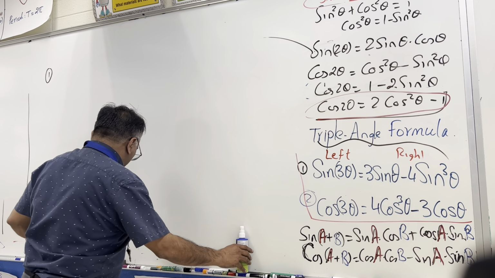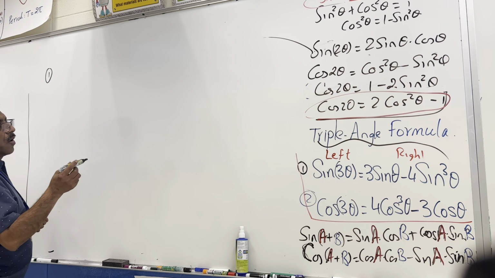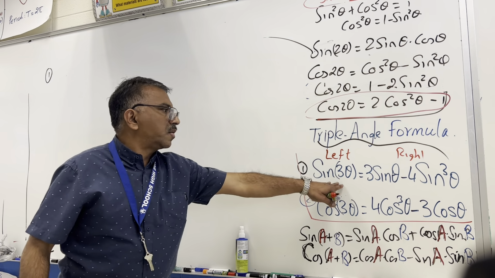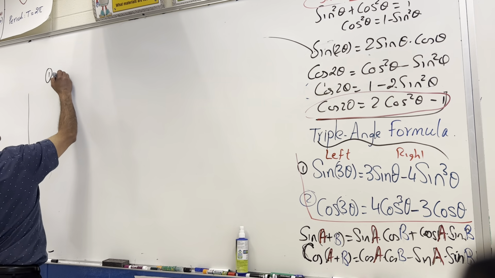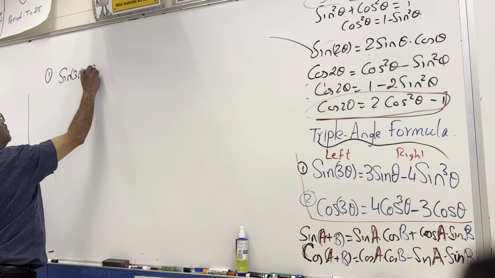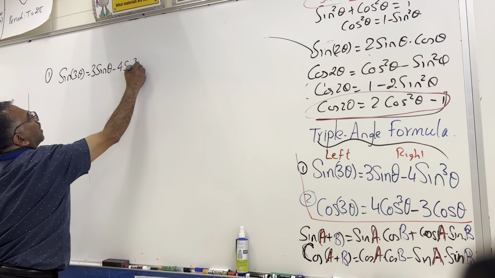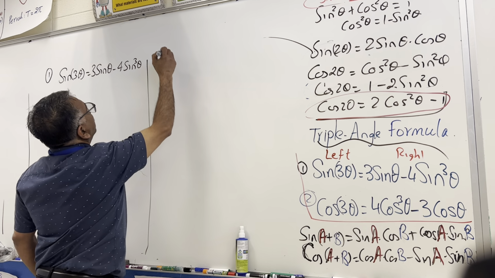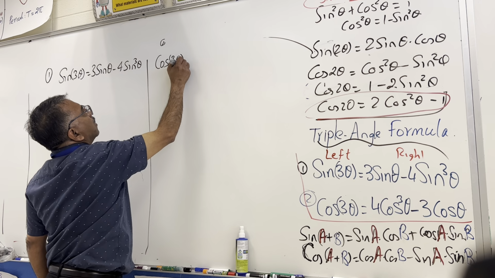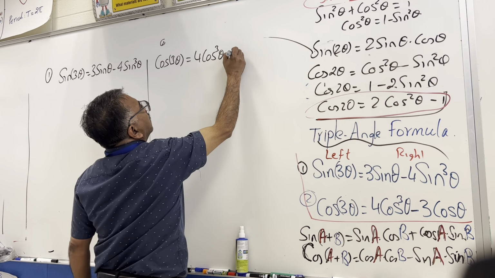Okay, so finally, there's one more step we have to do. Watch this, this is sine 3 theta. First one: sine 3 theta is 3 sine theta minus 4 sine cube theta. And the second one: cosine 3 theta is 4 cos cube theta minus 3 cosine theta.